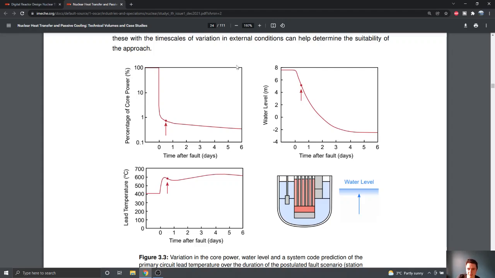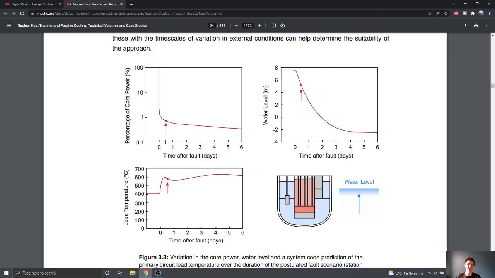And these plots, which you can see here on page 24, are actually quite interesting to understand what happens to the reactor itself and the primary circuit after there's that initial loss of power. And the first plot I want you to look at is this one in the top left, which shows the core power, or the heat that's given off the core, and how that varies after the fault event. You can see that at time equals 0, that's when our electricity cuts off.